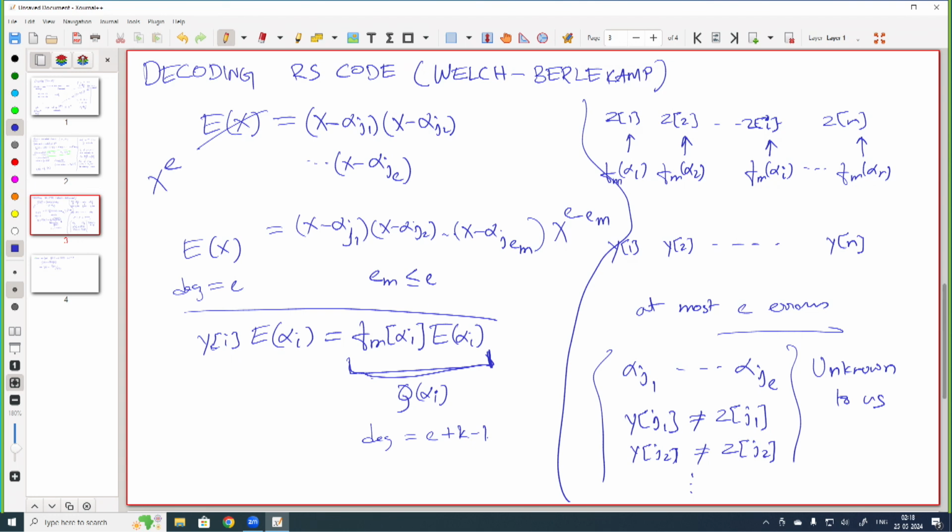So, all we have to do is figure out q x and E x satisfying this constraint for I from 1 to n.